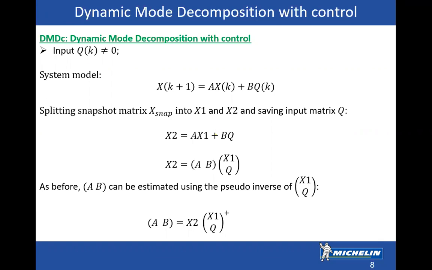As before, we have the matrix X2, we have the matrix [X1; Q]. So we can estimate [A B] using the pseudo inverse of [X1; Q], and [A B] is equal to X2 multiplied by the pseudo inverse of [X1; Q]. And we can split A and B. So we've estimated A and B using the DMDC method.